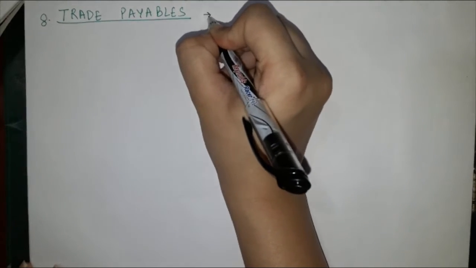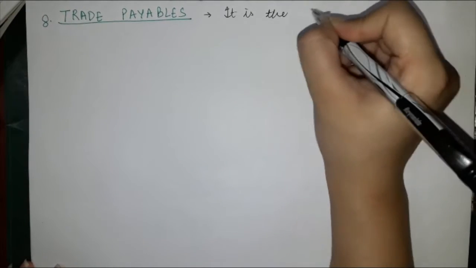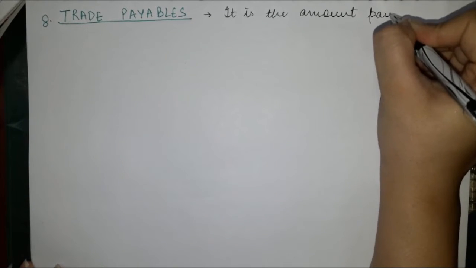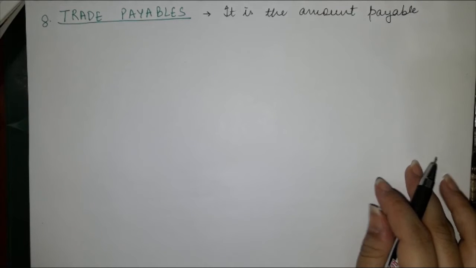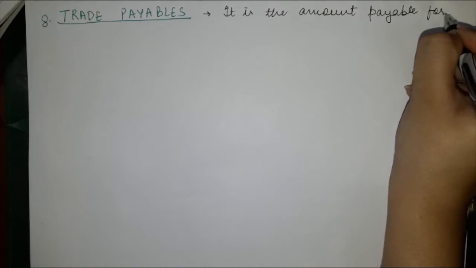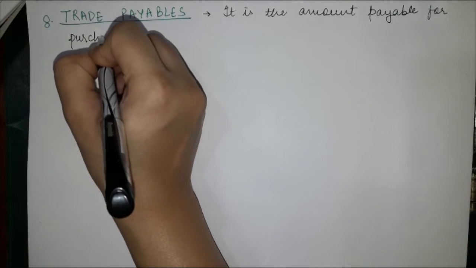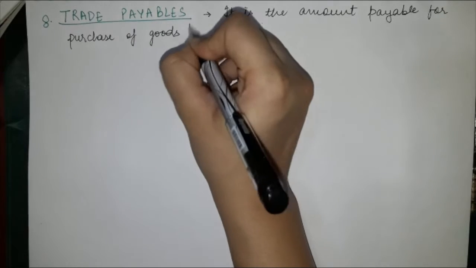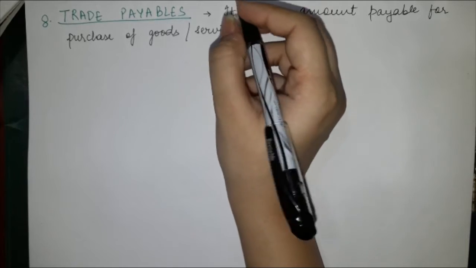Because it is to be paid, so it is the amount payable for पे करना, इसका मतलब आपने कुछ खरीदा होगा, for purchase of goods or and services, right?